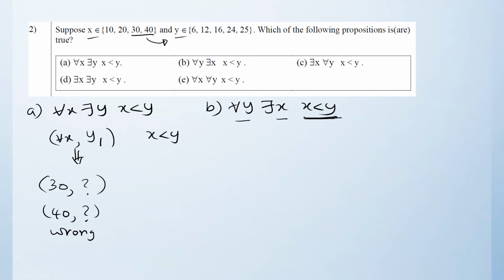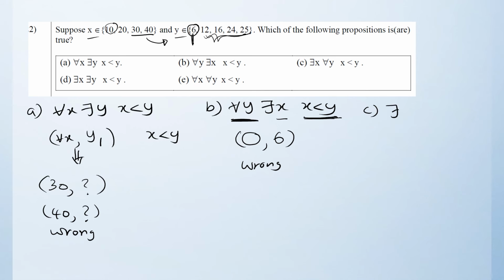But here we do not have an x value which is less than 6. For all the other values we can take x equals 10, which is less than all of them, but 10 is not less than 6. So we do not have an x value which is less than 6. So this is also wrong.